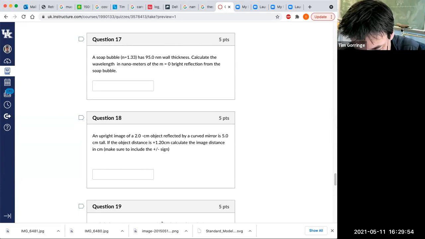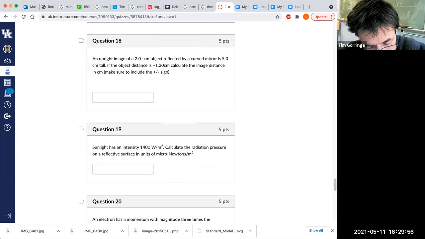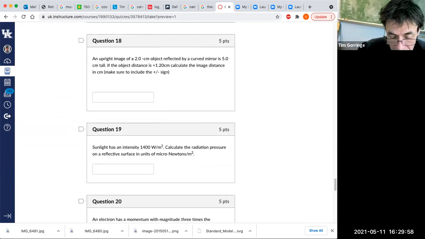Okay, number 18 is the next one. An upright image of a 2 centimeter object is reflected by a curved mirror, and that image is 5 centimeters tall.